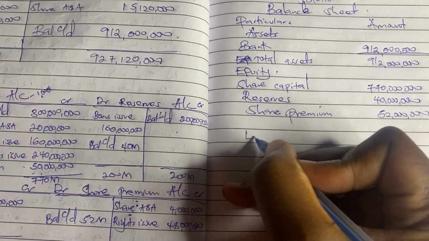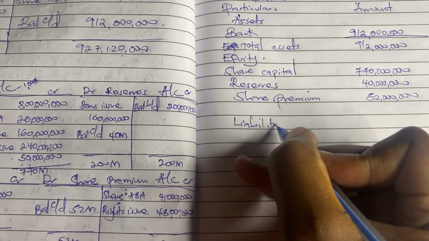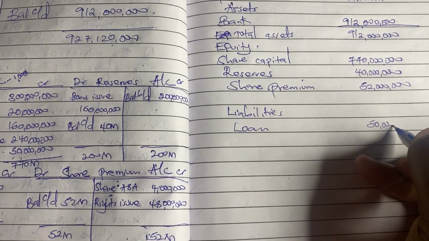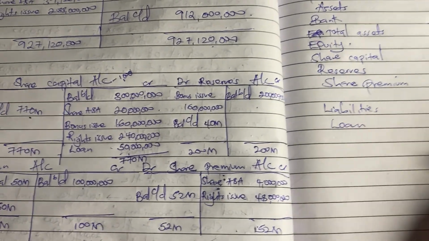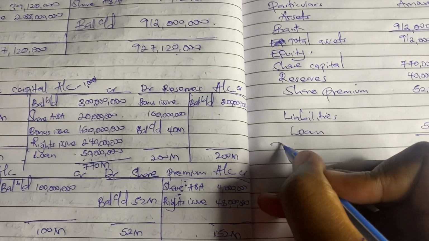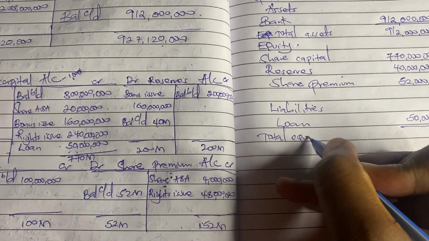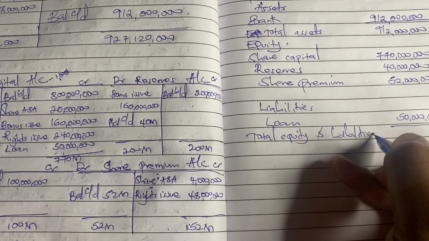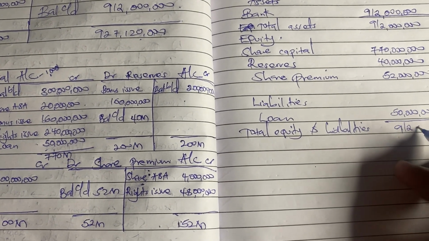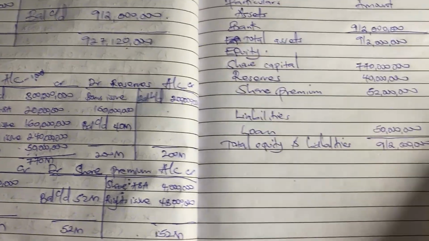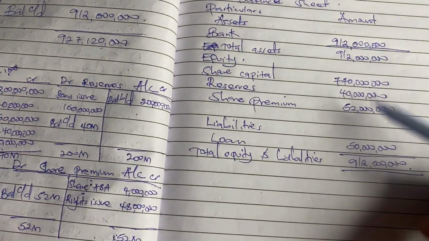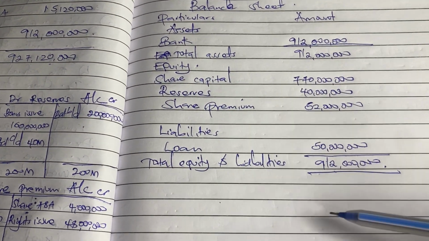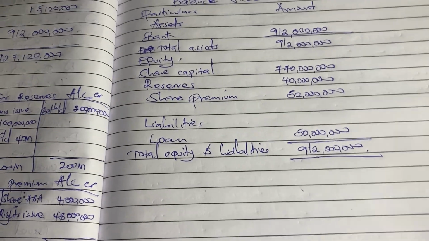Then we go to liabilities, we have a loan of 50 million. Like that. So when we add the total equity and liabilities, we get 912 million, which means it is balancing. Yeah, the total assets equal to total equity and liabilities.